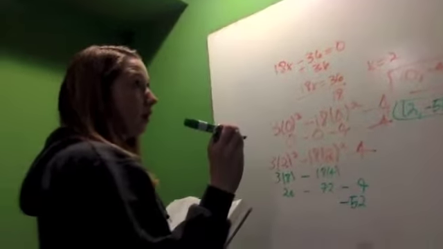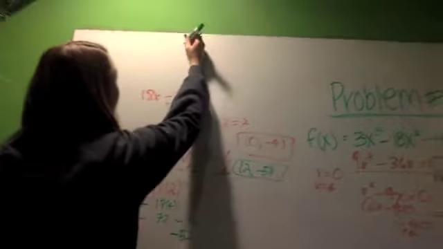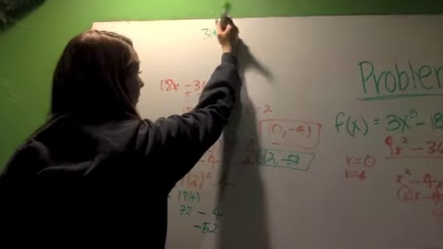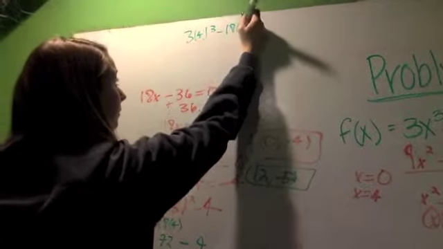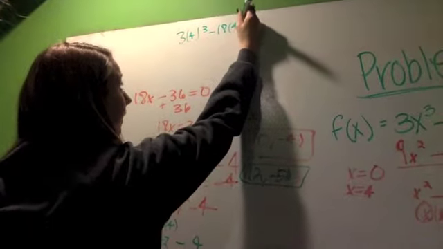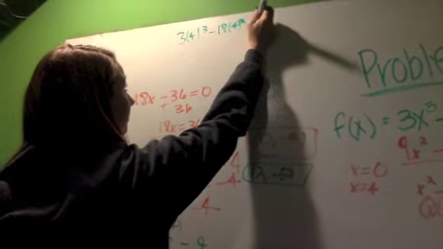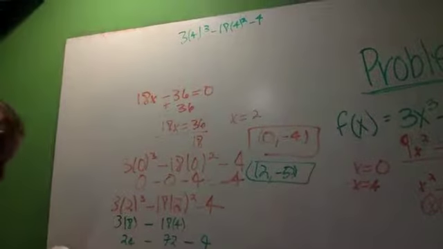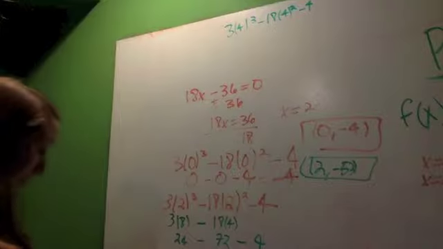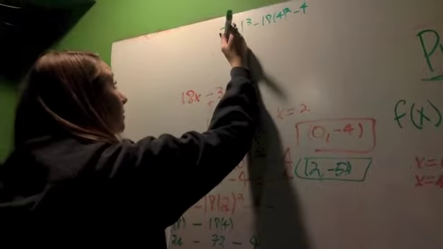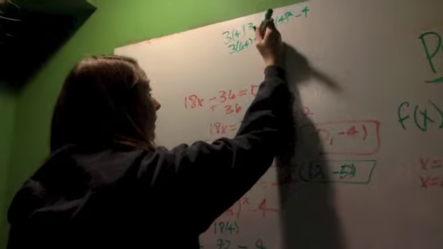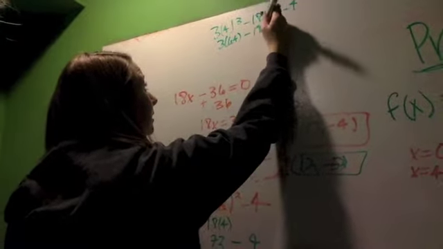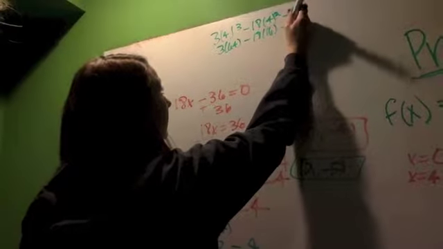So then the last point we have to plug in is 4. So I'll do that right here. So 3 times 4 to the third minus 18 times 4 to the second minus 4. So 4 to the third is 64, so 3 times 64 minus 18 times 16 minus 4.